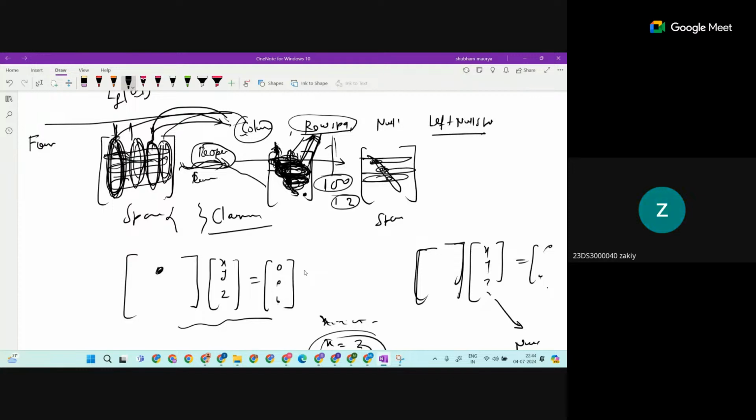Sir, if we want to find the row space in terms of the column space of A transpose, in that case, should we take it from the reduced row echelon form? Could you repeat please?